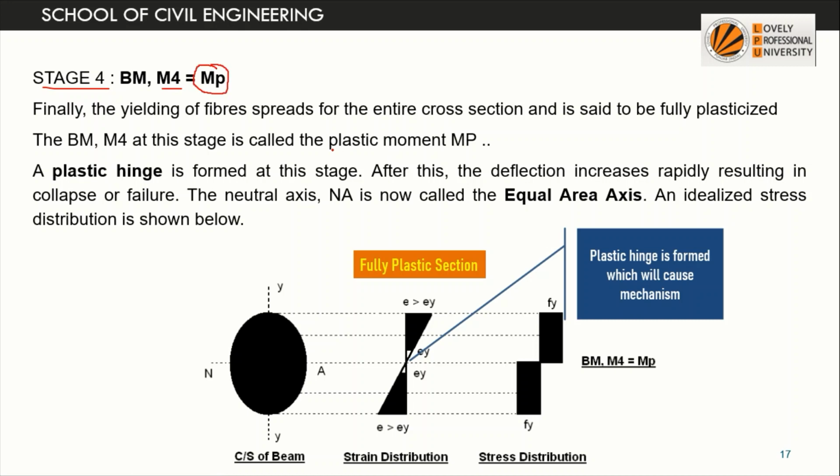It is called the plastic moment. What is plastic moment? The yielding of the fiber spreads to the entire cross section and the section is said to be fully plastic. When the entire cross section has stress equal to Fy, this section is called a plastic section or fully plastic section, and the moment corresponding to that is called the plastic moment.